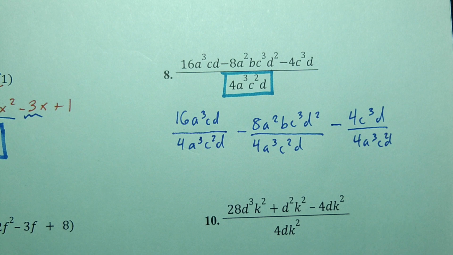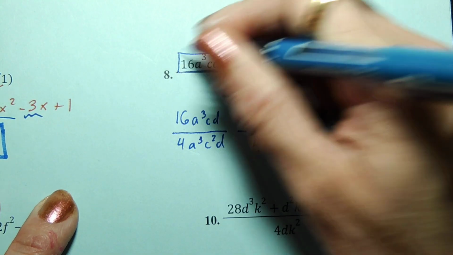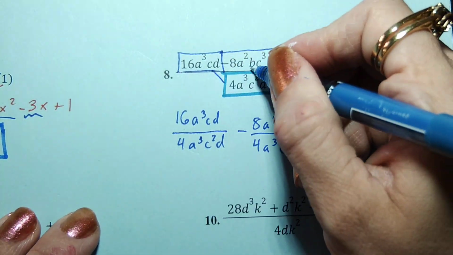So this is what the expansion would look like, where I'm taking those 3 chunks on the top and dividing them each by that denominator.